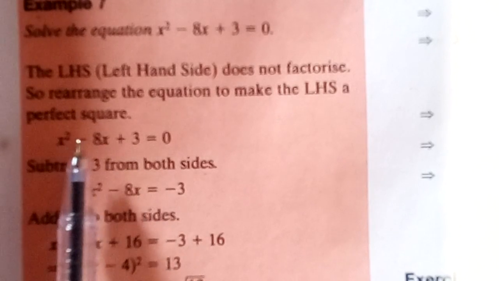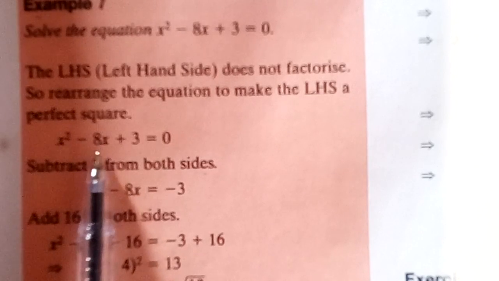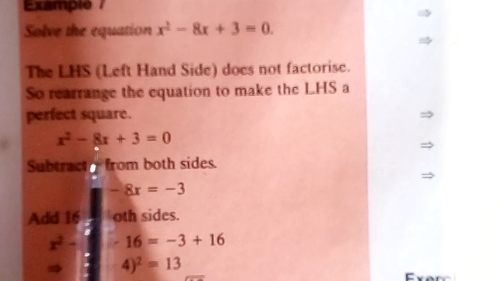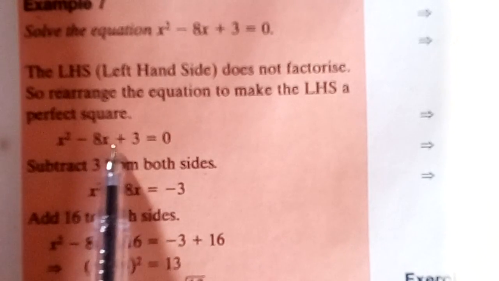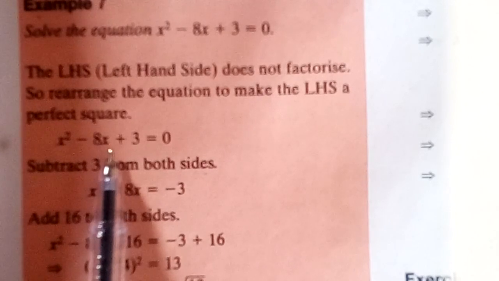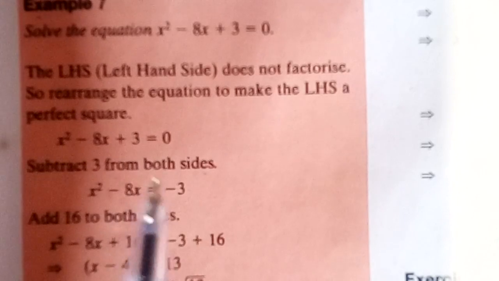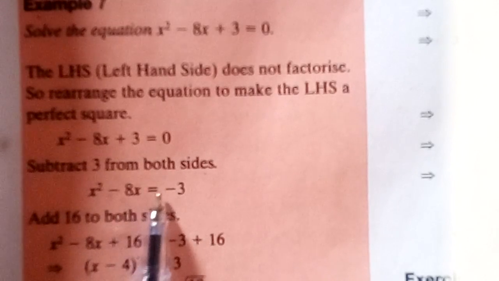But in most cases where we use the complete the square method, if you don't have the factors of 3 that can give you minus 8, then the factorization method is not suitable. Therefore, you use either the formula or the complete the square method, which I'm going to show you now.